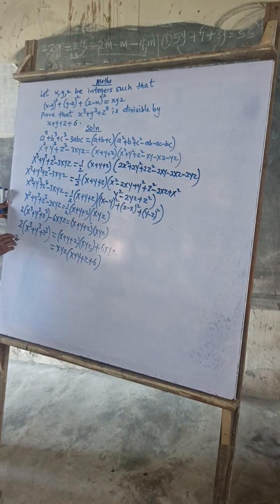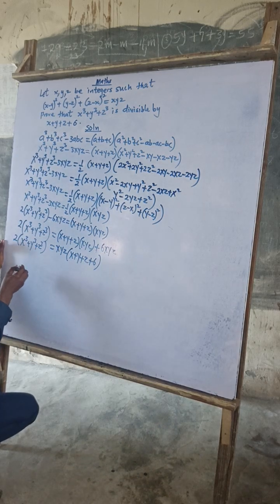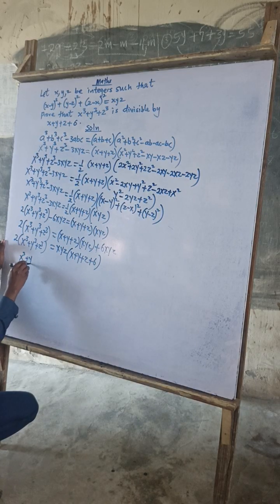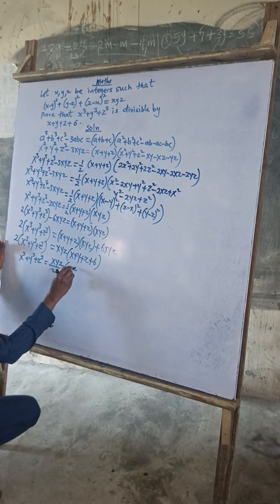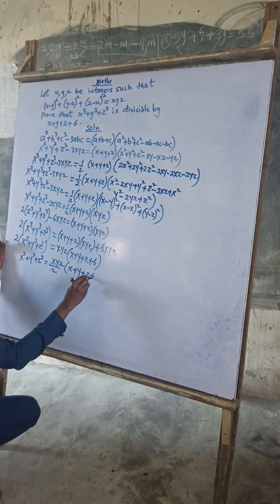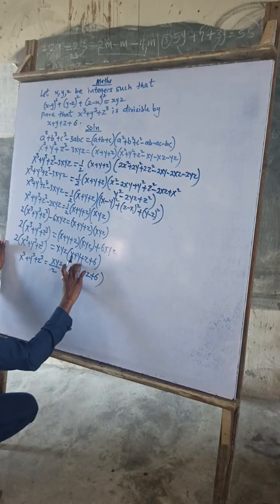Then equals 2 open bracket x cubed plus y cubed plus z cubed. Now, this can be written as x cubed plus y cubed plus z cubed equals, dividing both sides by 2, xyz into bracket x plus y plus z plus 6. Now, we can see that this is a factor of this. We are able to factorize this out.